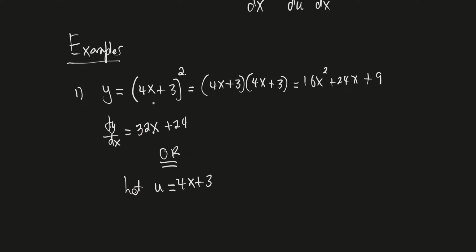Those are the operations that you would perform first. So you have a linear function here, but then that linear function is being raised to a power. If we let the linear part be our u, then I can rewrite y in terms of u and just put that y is equal to u squared.